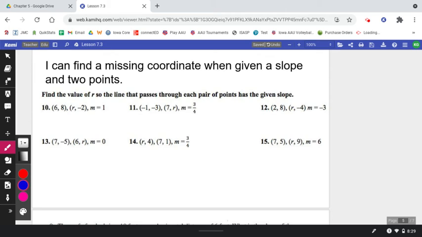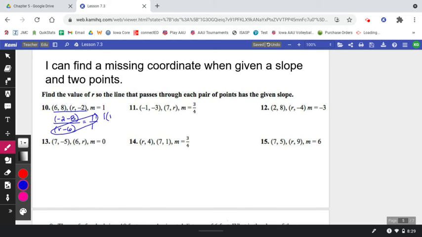The next thing we're going to do is we're going to be given one whole point, and the second point is going to be missing a coordinate. But then they're going to give us the slope, and we have to find the missing coordinate. So I'm just going to set this up in my slope formula here. So I'm going to do negative 2 minus 8 over r minus 6 and set that equal to the slope, which I'm going to do 1 over 1. Now, whenever you have 2 equal fractions from our past skills, we're going to cross multiply.